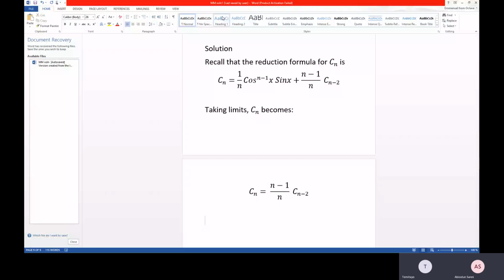Can you see my screen properly now? Hold on.